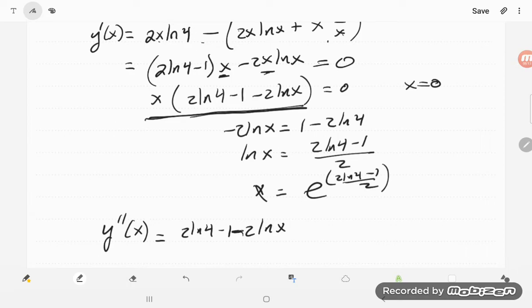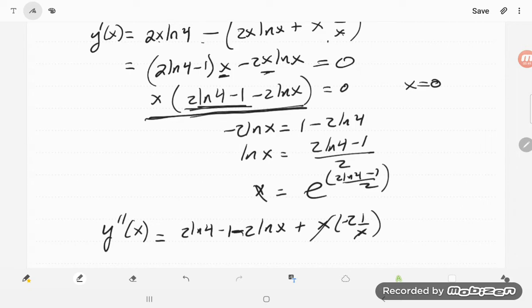Boy, this is an ugly problem. And then plus x times the derivative of this thing. Well, there's a constant, so that's 0. And so we get x times negative 2 times 1 over x. Okay, so those cancel to be 1.